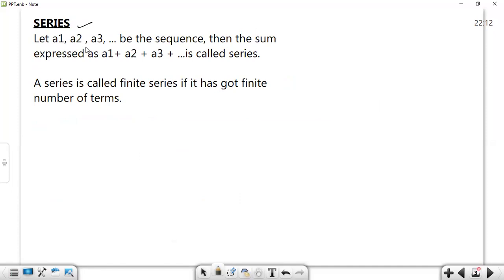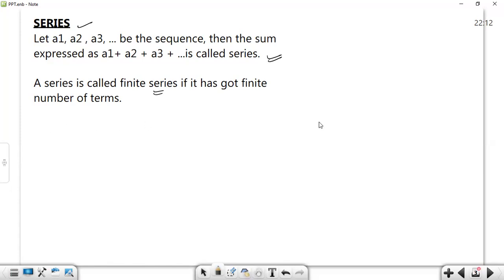If A1, A2, A3 be the sequence, then the sum expressed as A1 plus A2 plus A3 is called a series. It is not a necessary condition that we can find the series of a finite sequence only. We can find the series of an infinite sequence as well. A series having a finite number of terms, a series of a finite sequence, is known as a finite series, otherwise an infinite series. Clear?